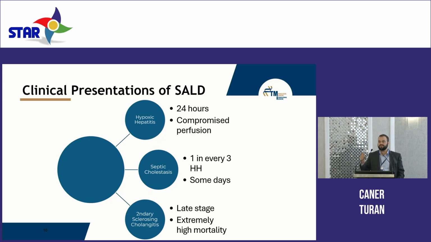This develops within 24 hours and is due to compromised perfusion. 1 in every 3 patients with hypoxic hepatitis will progress into septic cholestasis, or sepsis-induced cholestasis, and this will take some days in the ICU before we can observe what is going on. Unfortunately, some of these patients will further progress into secondary sclerosing cholangitis, which is a late-stage liver failure with an extremely high mortality.